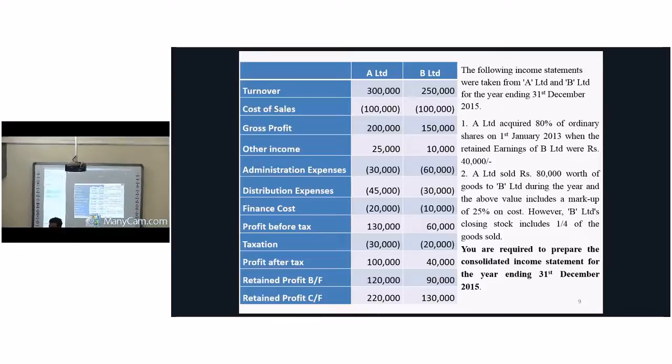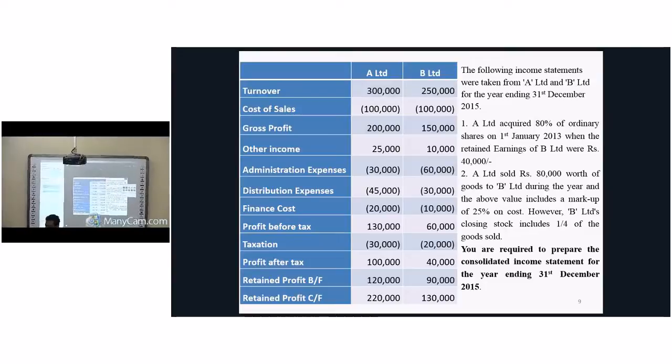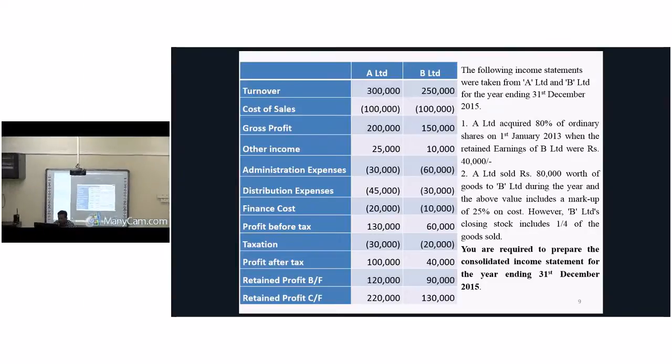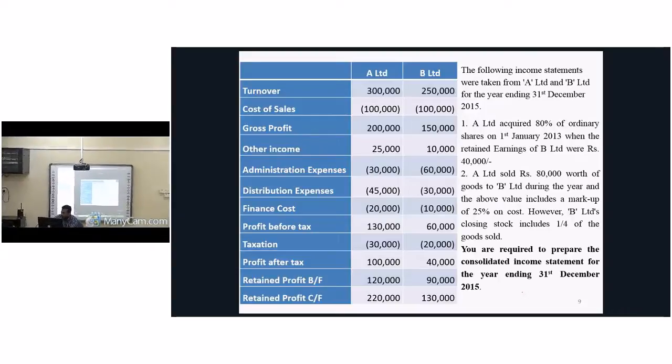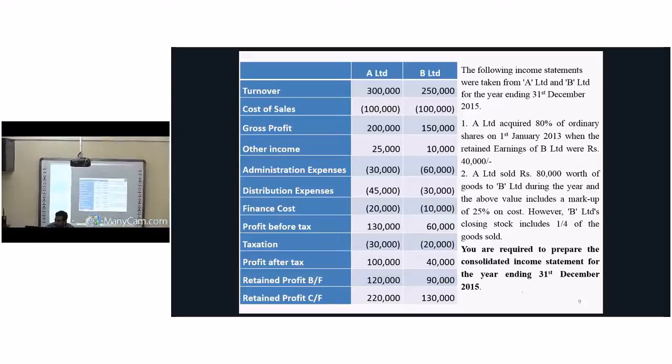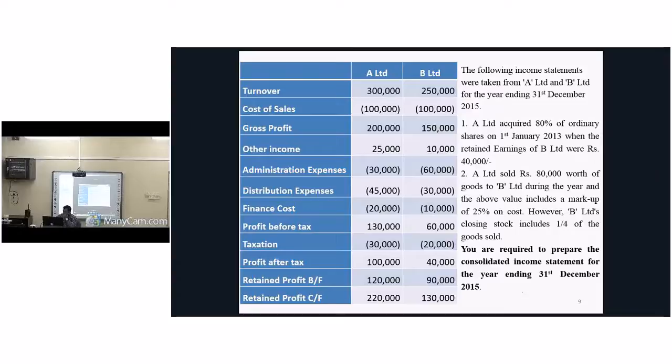On that date, retained earnings was 40,000. A Limited sold 80,000 worth of goods to B Limited during the year, and the above value includes markup of 25% on cost. However, B Limited's closing stock includes 1/4 of goods sold.